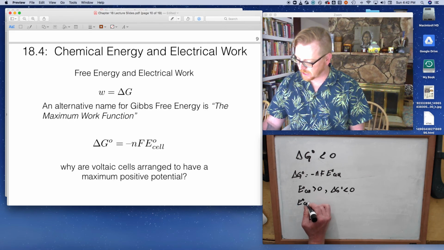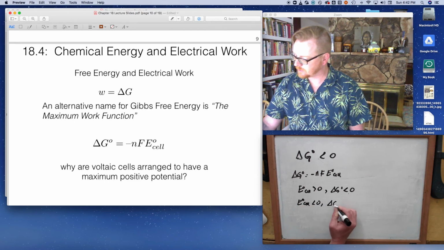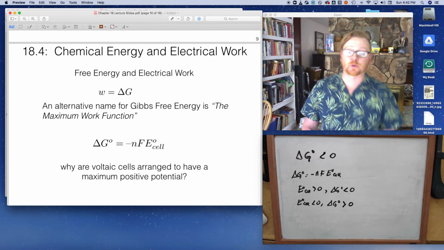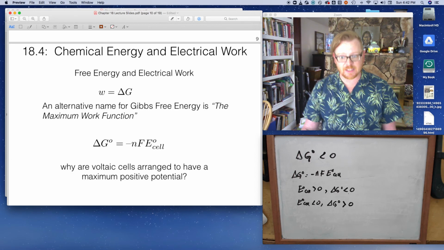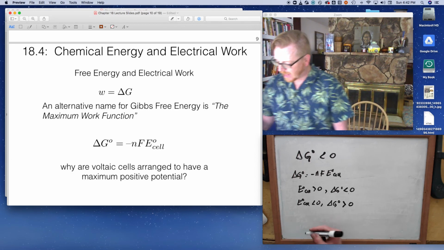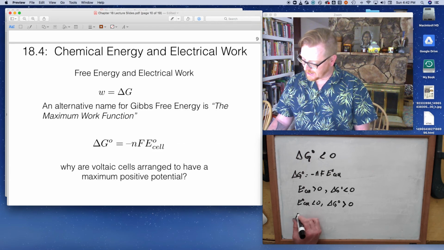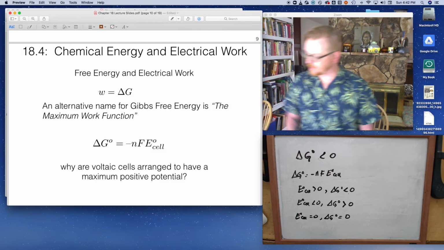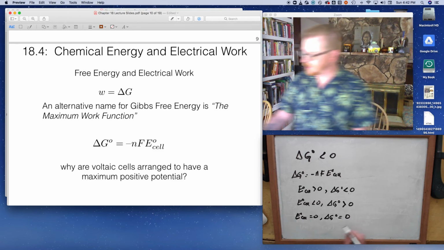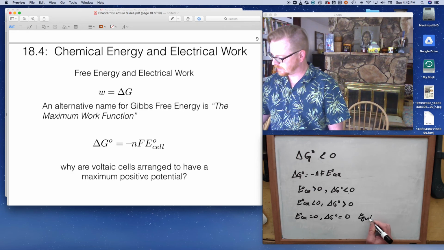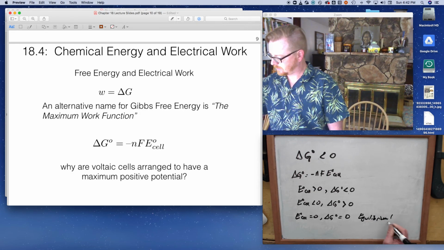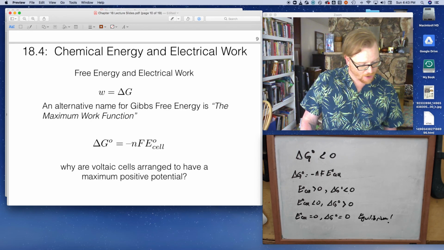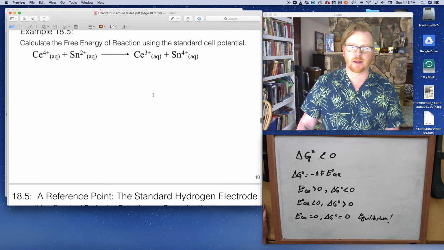If a cell potential is negative, then delta G will be positive, and the reaction will not proceed spontaneously. And then last, when E cell equals 0, delta G standard has to equal 0, and then the battery is at equilibrium.